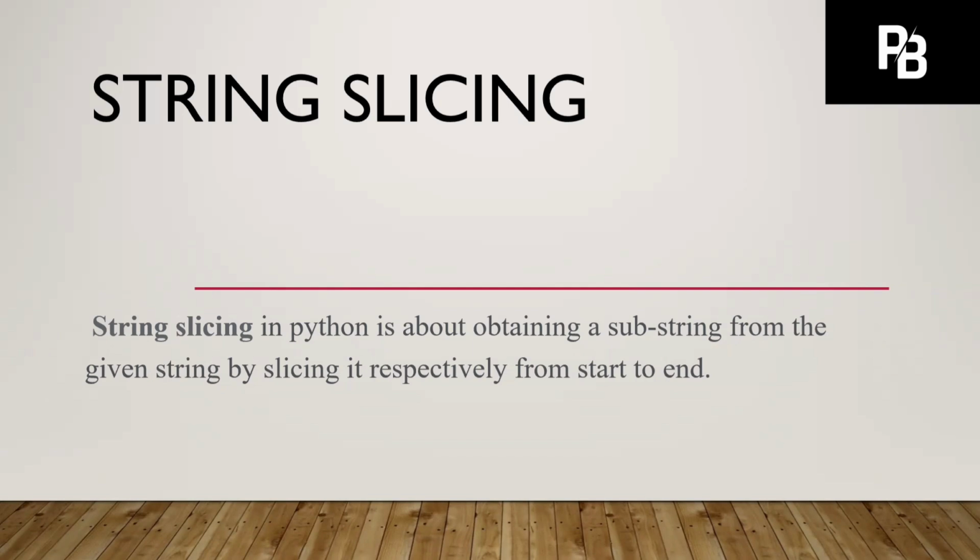String slicing in Python is about obtaining a substring from the given string by slicing it from start to end. Slicing means a piece of something. Like we have one round pizza, so one slice of pizza is a sub part, a small part.